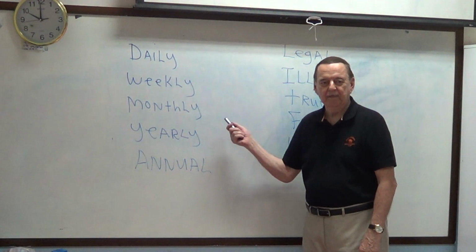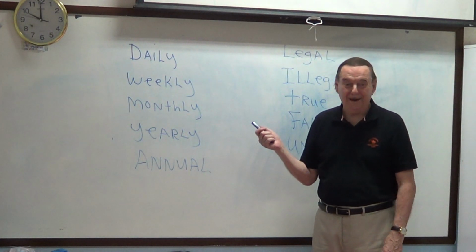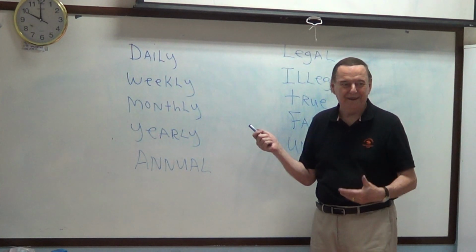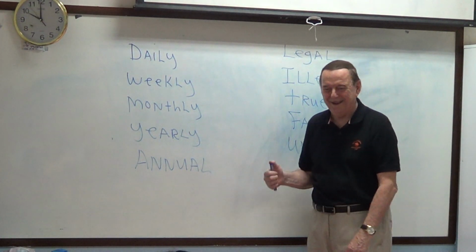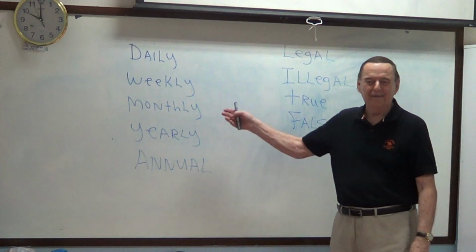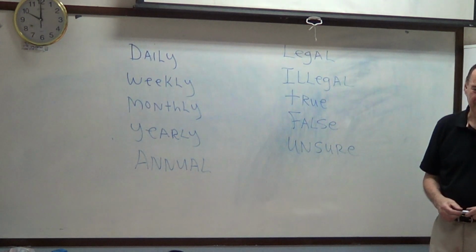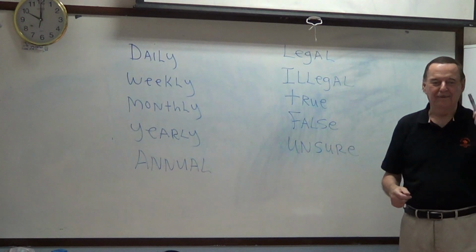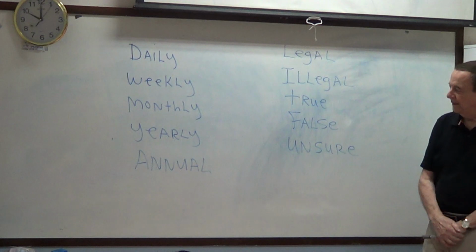Monthly. Yeah, way to go. I'm starting to really get it now. Right, monthly, once a month. Every month I go see my friend across town for a visit. On the third day of every month, monthly, I go and visit my friend.